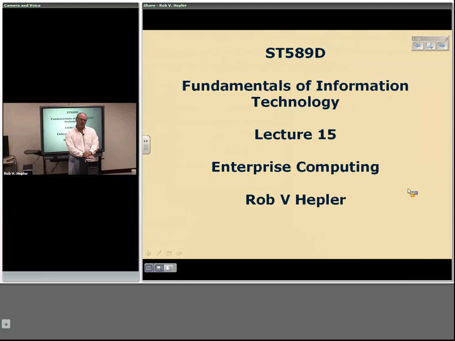We're going to talk about enterprise computing. That's a big term for what's going on with information technologies and information systems today, which is that all the systems are interlinked. And all the systems serve every part of the company rather than have separate systems that serve separate departments.